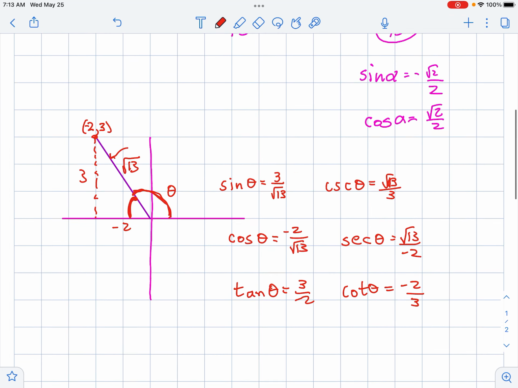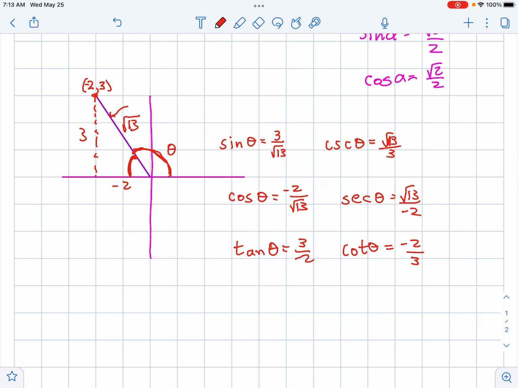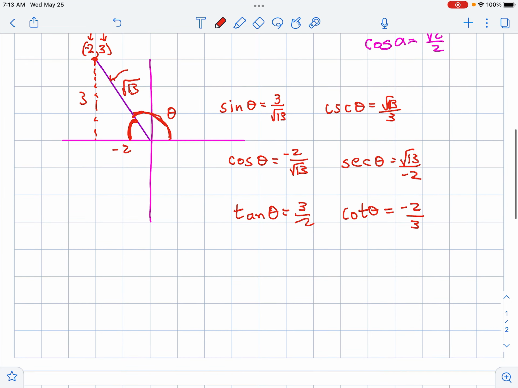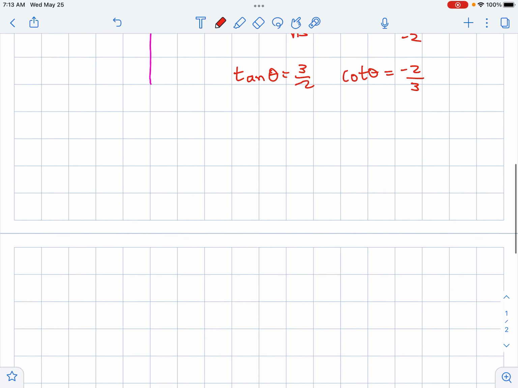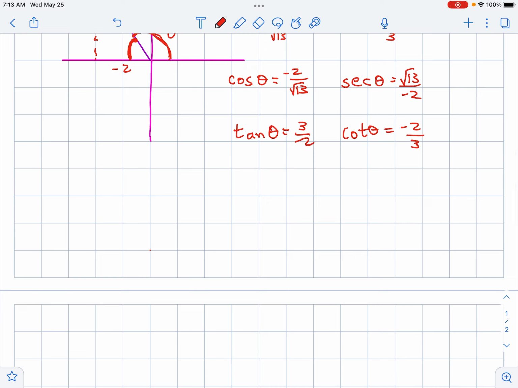Now, one of the things that may confuse you a little bit here is, didn't we say that the sine is the y-coordinate and the cosine is the x-coordinate? Well, that's for a unit circle. It works like this. Let's consider an angle, and let me show you how it works.